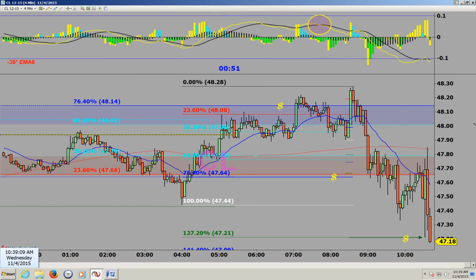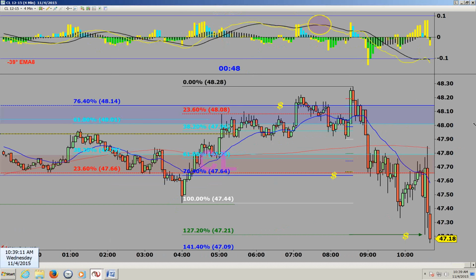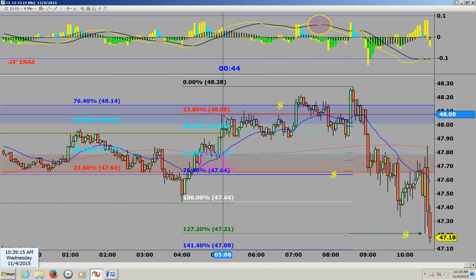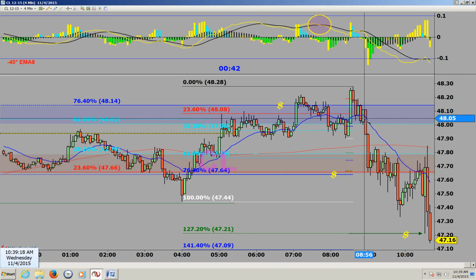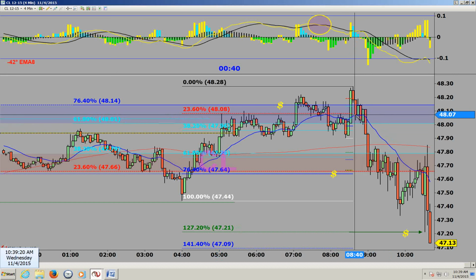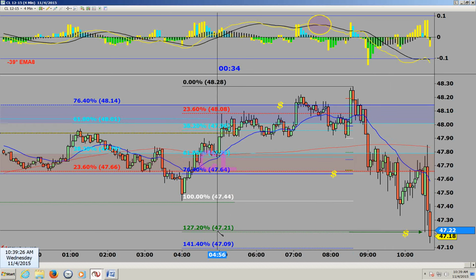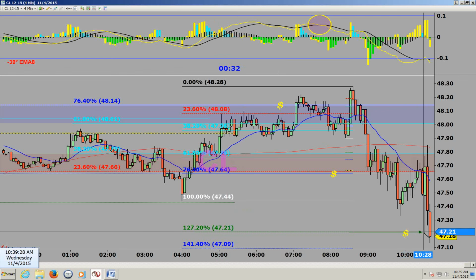All right, this is how you get into this CL short trade. We have a 23 at 48.08 up here, and that's at approximately 8:30 in the morning. Your targets here, money off at 47.21. The market came there at your 10:30 break.